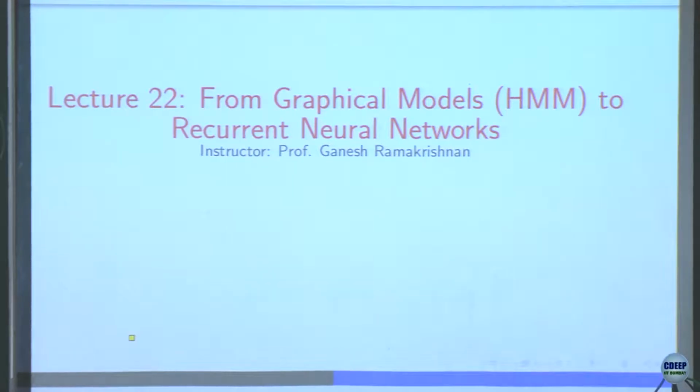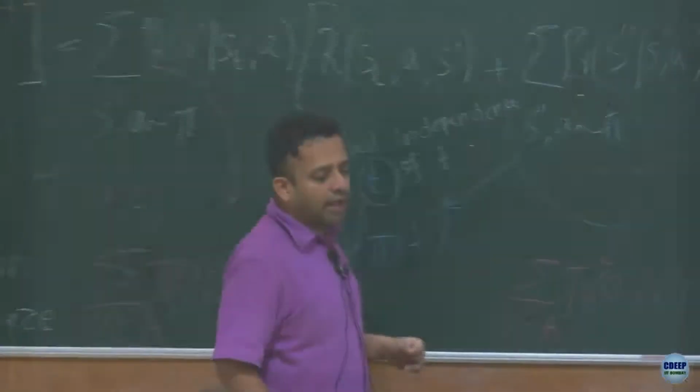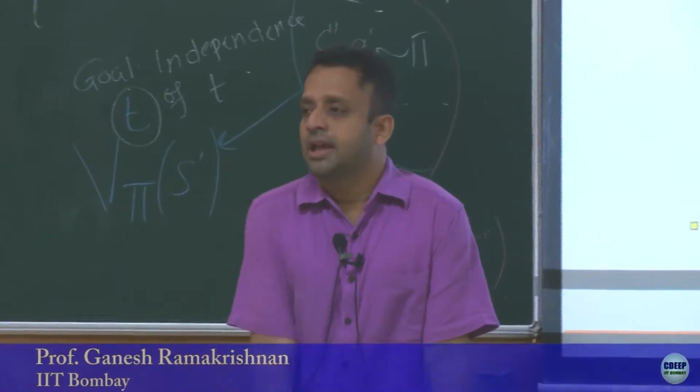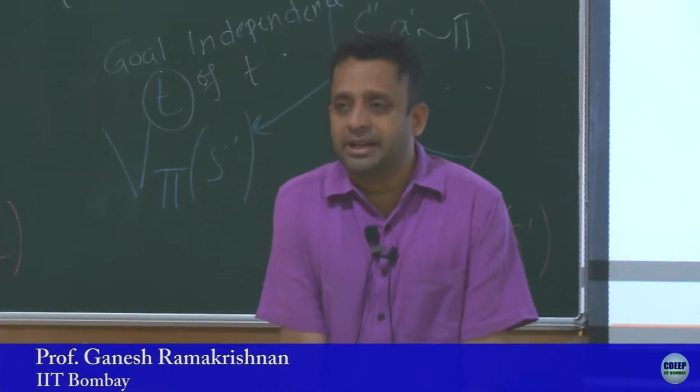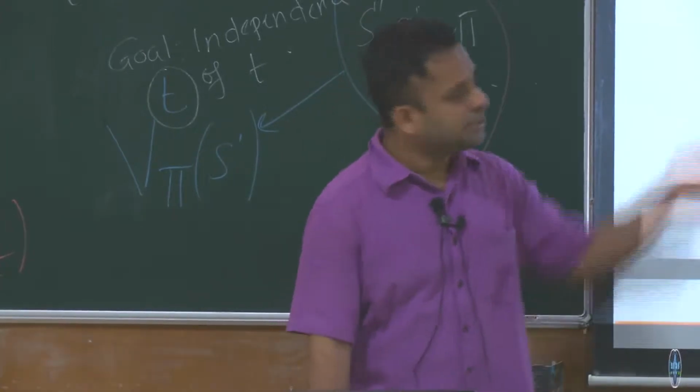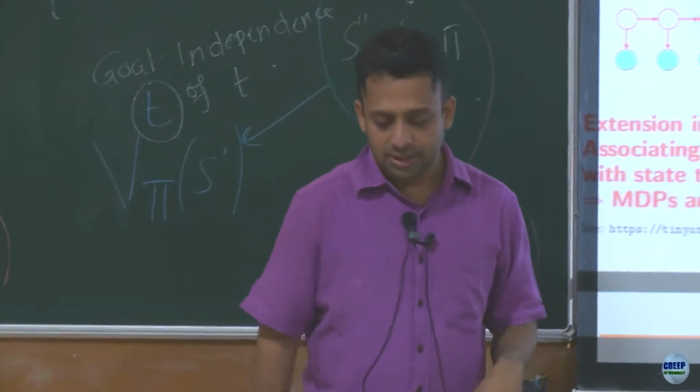I am going to now spend a few minutes talking about one more interesting offshoot of the discussion we had on graphical models and recurrent neural networks. I felt that for better appreciation of recurrent neural networks you should understand what graphical models are and specifically what a hidden Markov model was.